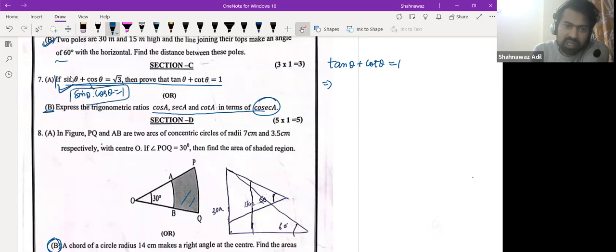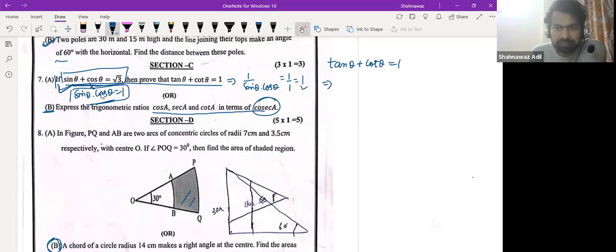Then we got 1 by sine theta cos theta, and we write the value of this as 1, so tan theta plus cot theta was 1. The method that we studied now is the correct one.